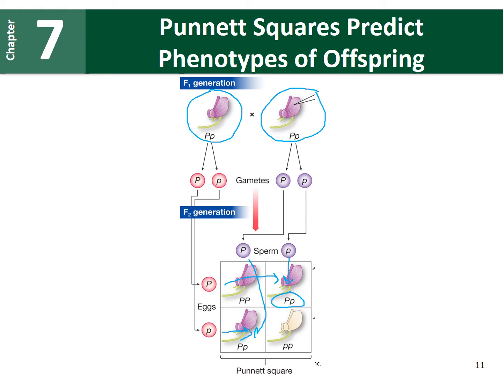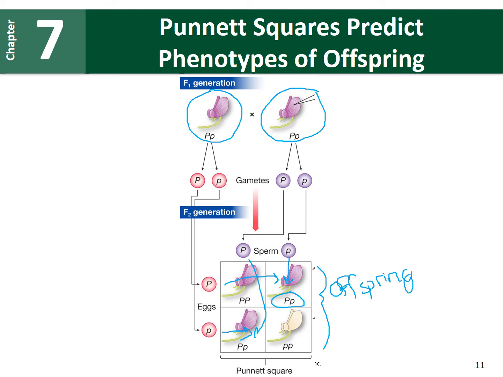And then here you pull in a little p sperm cell, little p egg cell, and you get little p, little p for the offspring. So these 4 combinations down here, these are the possible offspring that can be produced from these 2 parents up here that we started with.